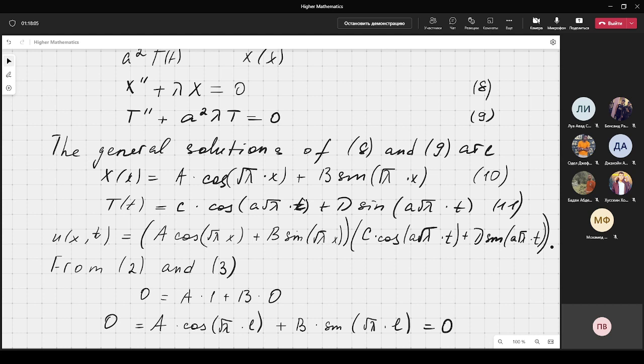From the first equation we find A is 0. From the second it follows that B times sine of square root of lambda L is 0.